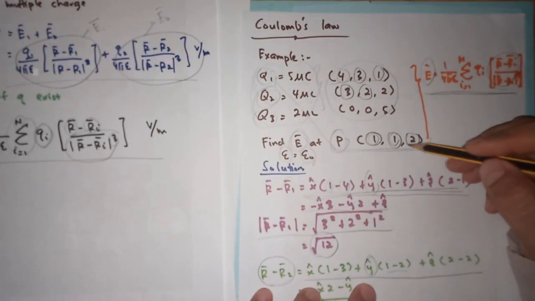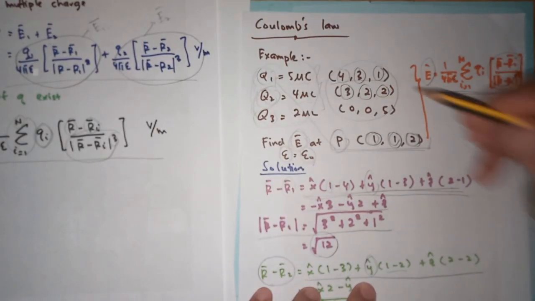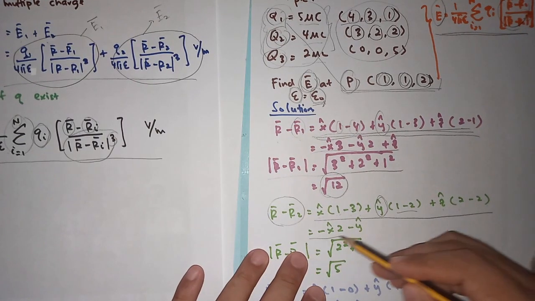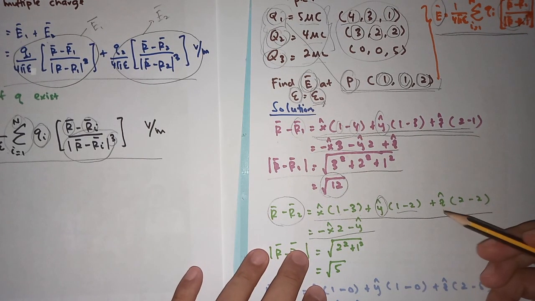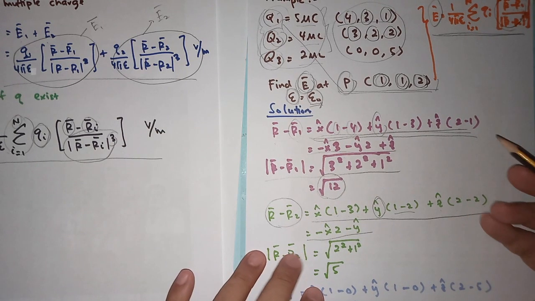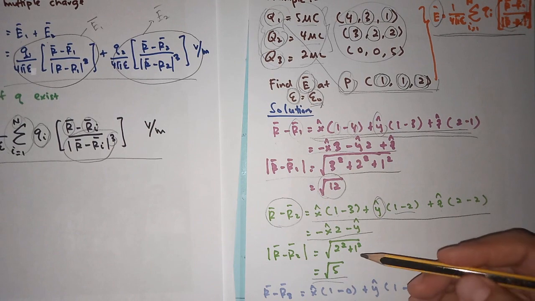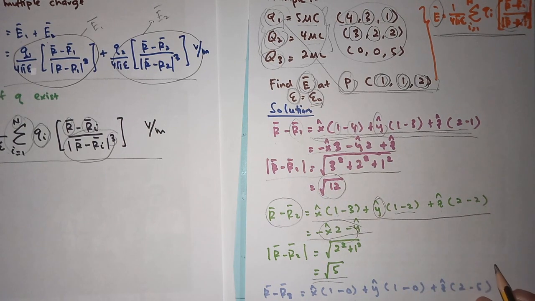Then we have the vector that represents the direction and distance between our test point and Q2, and this is the amplitude for that particular vector.